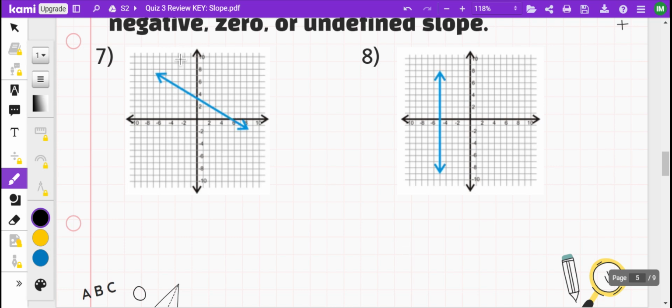In this case, this line is going down. What does Slope Dude say when he's on a slope that's going down? He says nice negative. So that tells me that this line has a negative slope. You can tell me because Slope Dude says nice negative, or because it is going down.